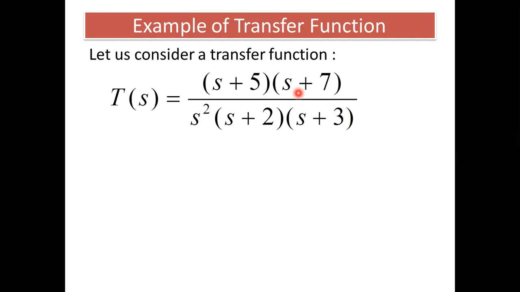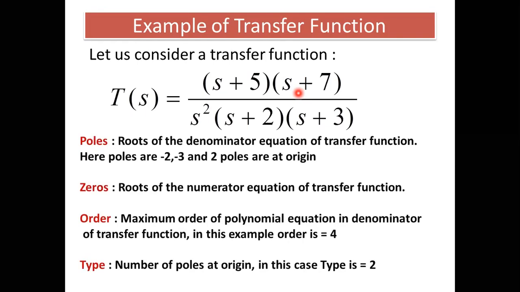Here, four poles are there and two poles are at the origin. So the poles are minus 2, minus 3, and two at the origin. Zeros are the roots of the numerator: s equals minus 5 and s equals minus 7.